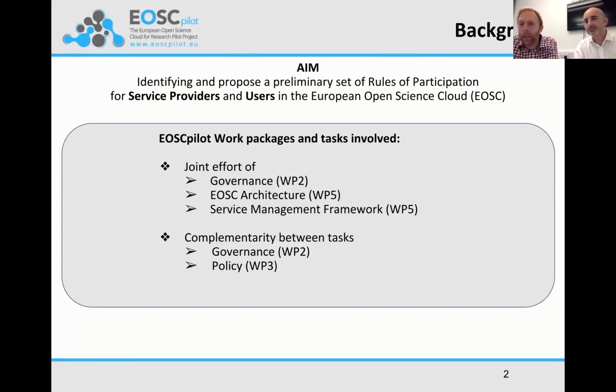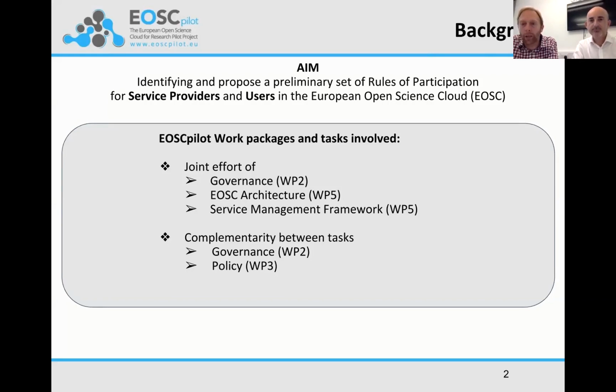So it also relates to tasks around the governance structure of EOSC, which is also work package 2 of the EOSCpilot project. But it's also had a lot of input from some of the technical architecture side from work package 5, particularly around the service management framework as well. So this is the work that Damien in particular has done.